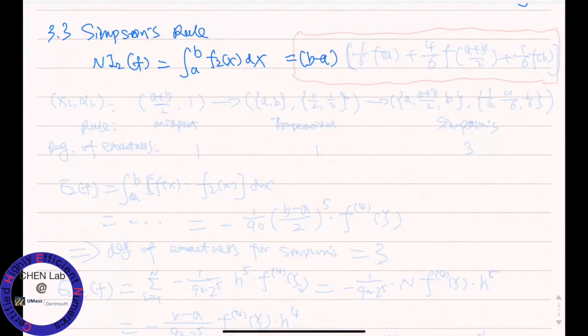You're going to get b minus a, and then you're going to get 1 over 6 f(a) plus 4 over 6 f((a plus b) over 2) plus 1 over 6 f(b), right?